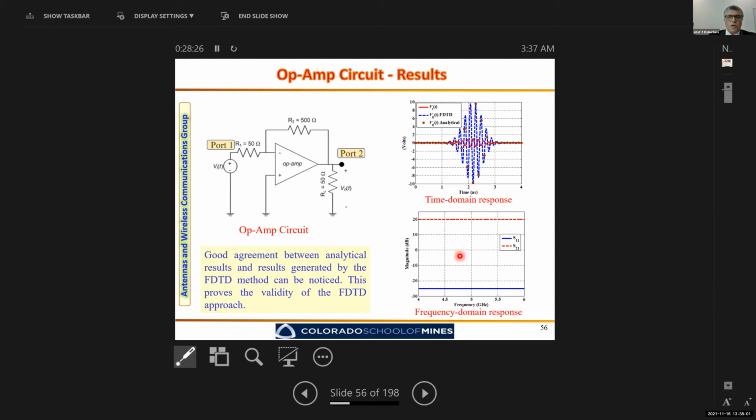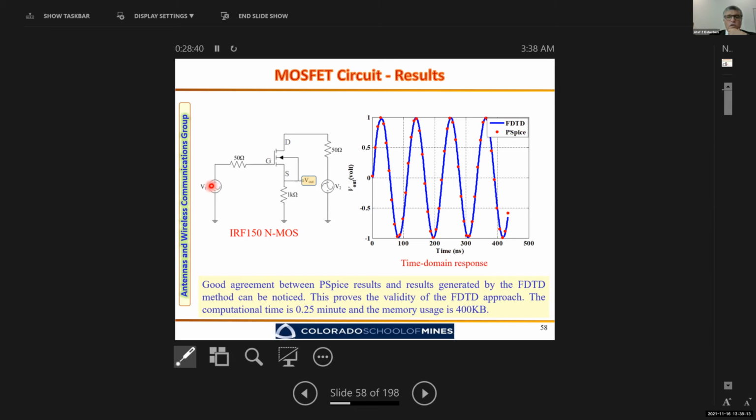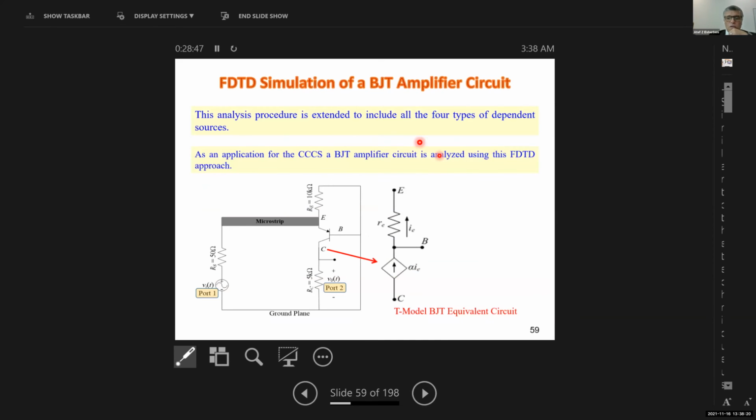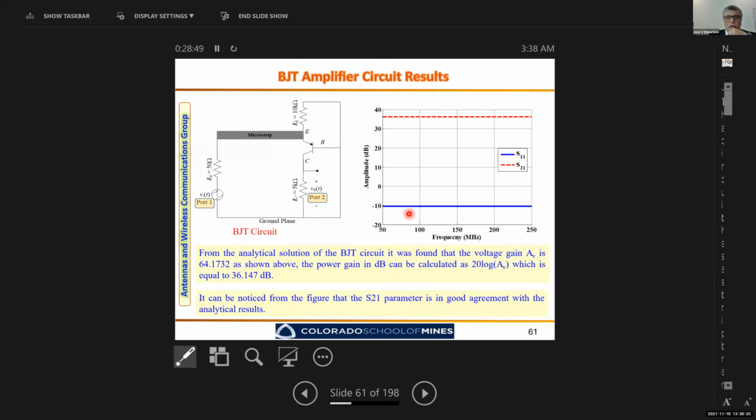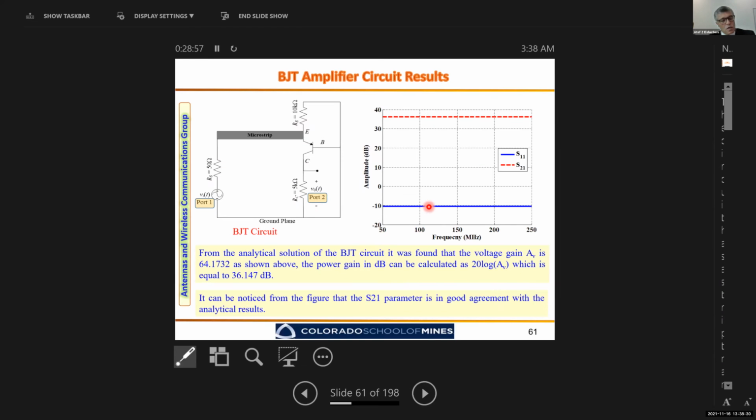You can also look at the MOSFET representation with a much more complicated equivalent circuit for the MOSFET. But again, you can see that the results at the output port here for a sinusoidal waveform here is exactly mimicking the result that you can get with a PSpice simulation. If we look at the BJT configuration, and again, if we look at the equivalent circuit and put it in the circuit here, you can see the amplification that we obtained with the electromagnetic solution of Maxwell equations for this equivalent circuit.